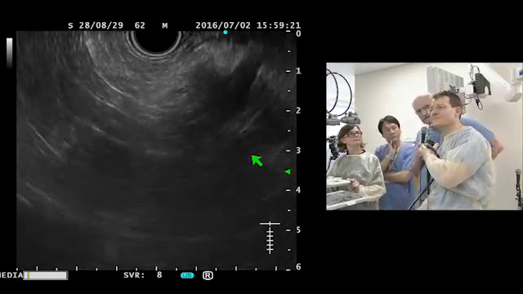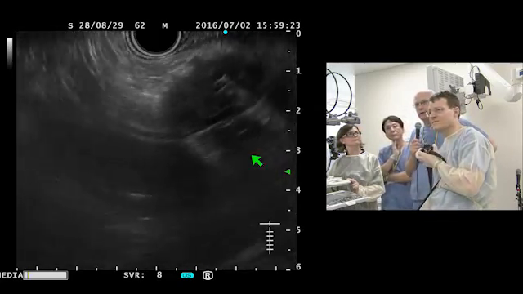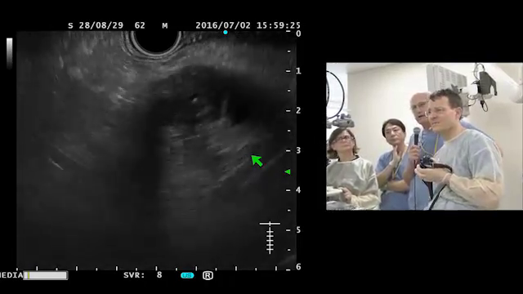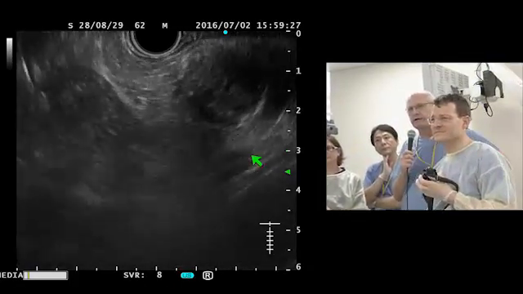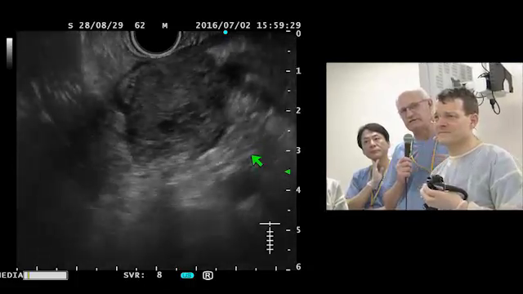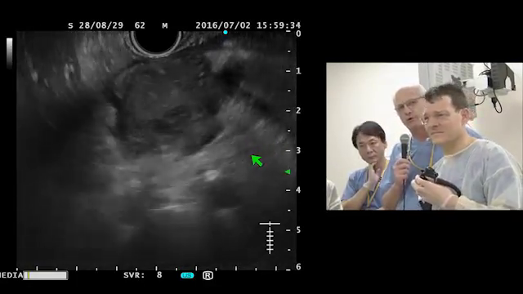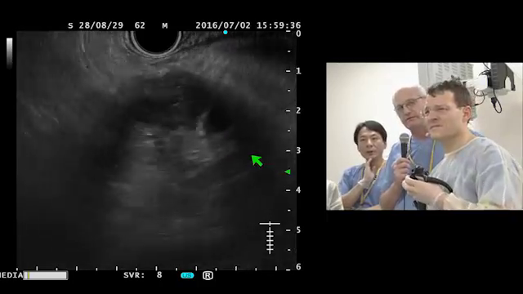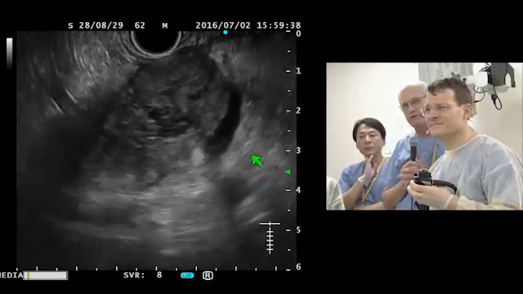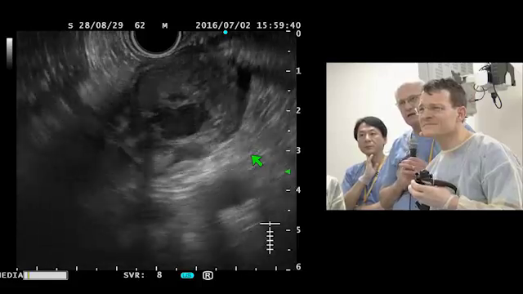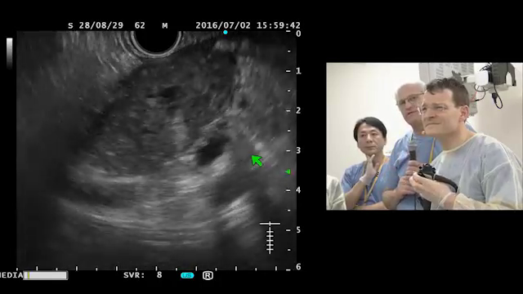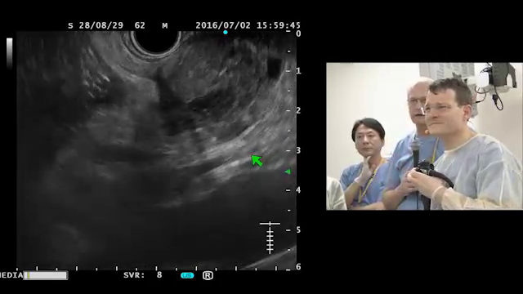So we discussed this. This is a local, regional phenomenon, but there is a chance with this extensive disease that this patient will be placed on a neoadjuvant protocol. And so obviously if you're going to administer chemoradiotherapy in a neoadjuvant setting, we must have a definitive histologic diagnosis.